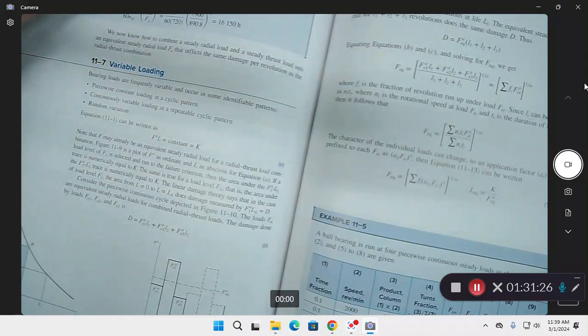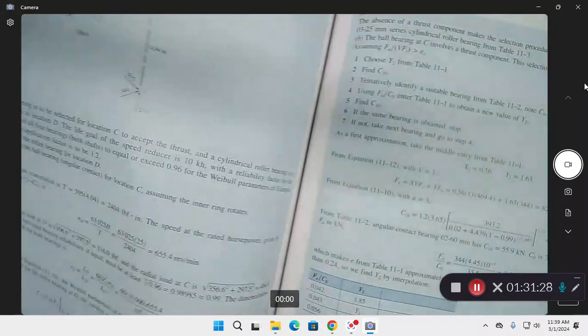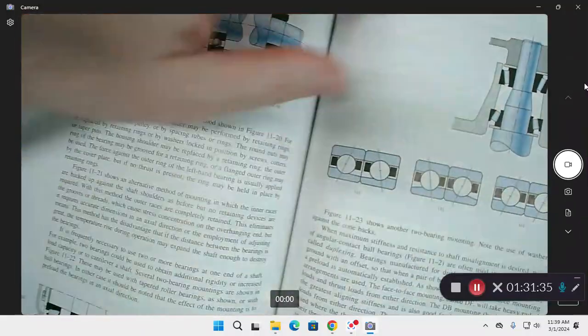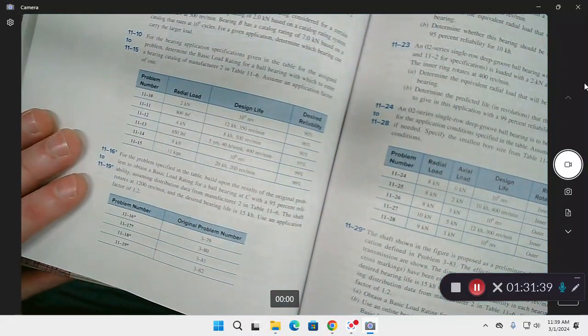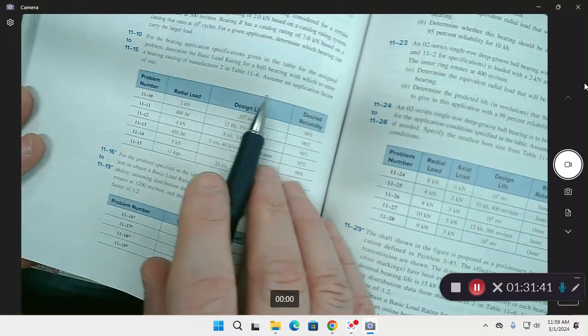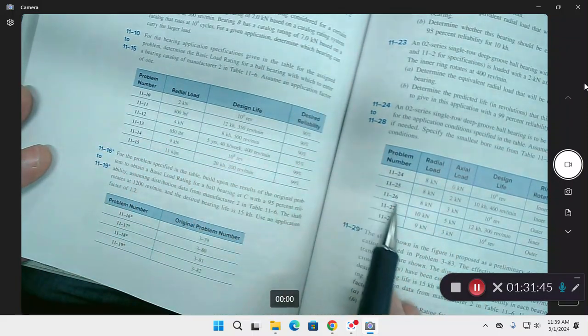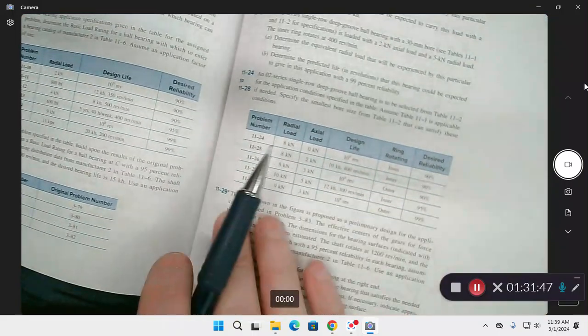All right, no, we shouldn't look at that problem. A basic problem in bearings is one from the table in here, where you want to pick a bearing for the bearing specifications given in the table.